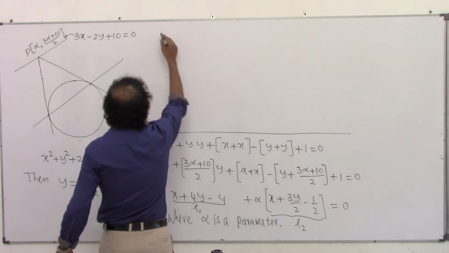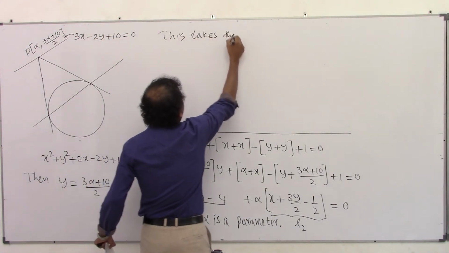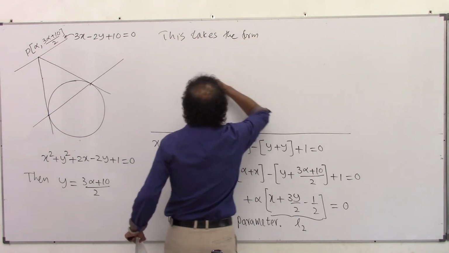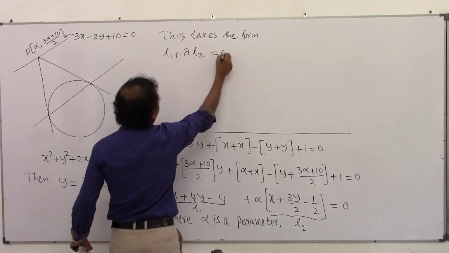Then you can write that it takes the form L1 plus lambda L2 equals 0.